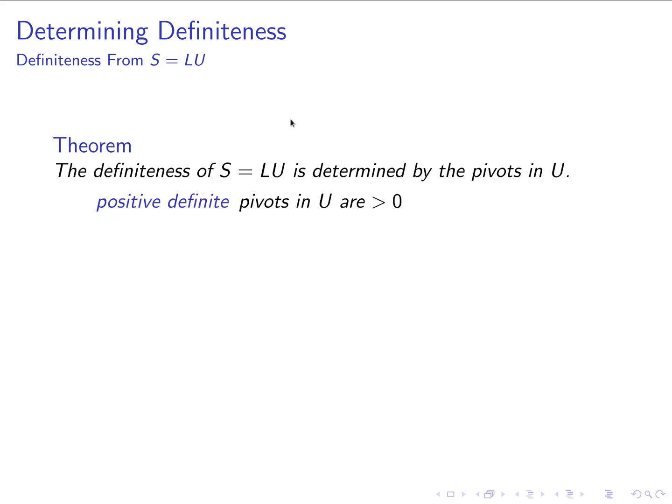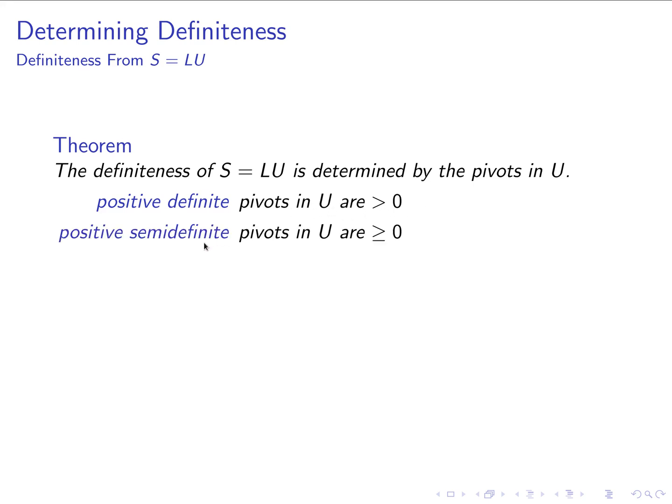So a question to ask, therefore, is how could we more efficiently determine the definiteness of a matrix? Well, it turns out that if we can factor our matrix S as L times U, where L is lower triangular and U is upper triangular, we can actually determine the definiteness of S by only looking at the pivots of U. So let's say that we have S equals L times U. It turns out that S is positive definite if all of the pivots in U are positive.